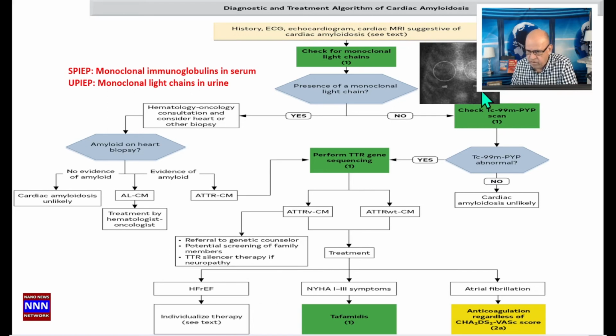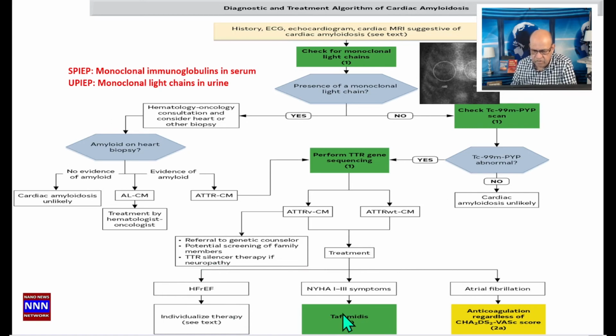Once we have confirmed the presence of high technetium pyrophosphate uptake along with the amyloid features of the heart, then these patients are referred for genetic counseling, and based upon the genetic counseling they may be subjected to individual therapy.